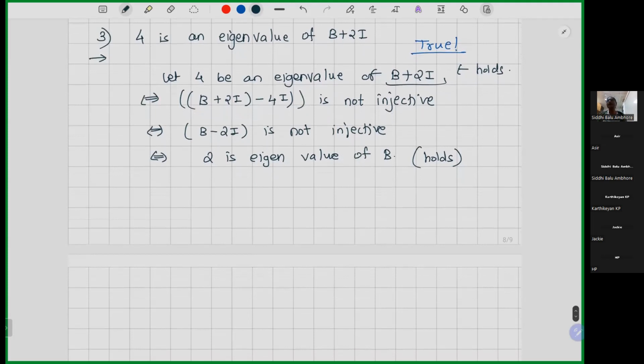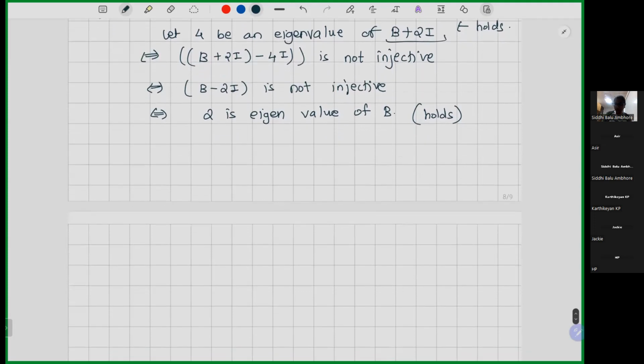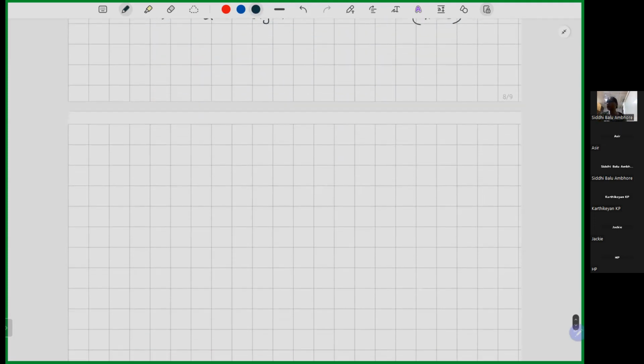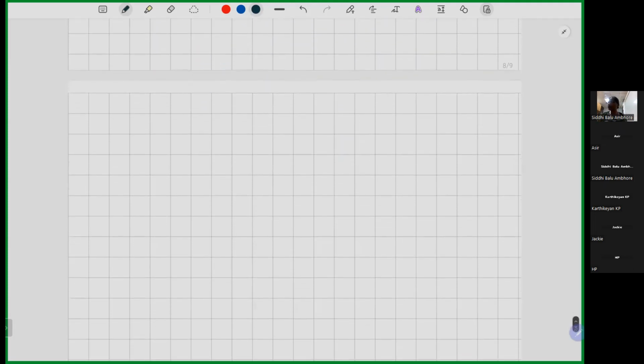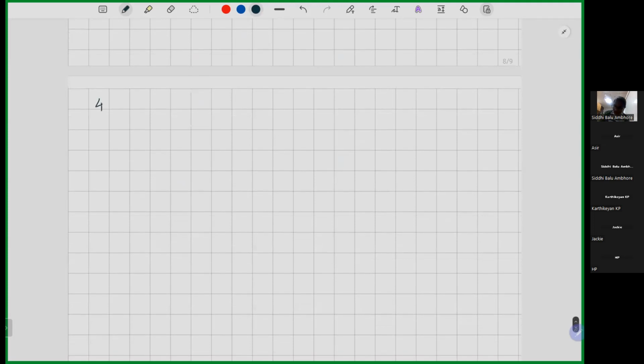Is it clear? If you have any doubt, please write it in the chat or let me know. Okay, so I'm moving now to the fourth question: the eigenvectors of the matrix B form a basis of R3.